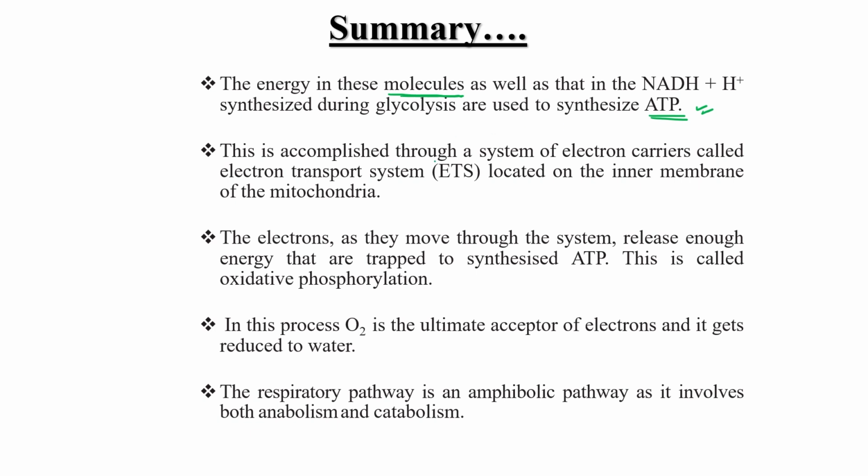And this is accomplished through a system of electron carriers present in the electron transport system. And where are these electron carriers located? On the inner membrane of mitochondria. True? Yes.